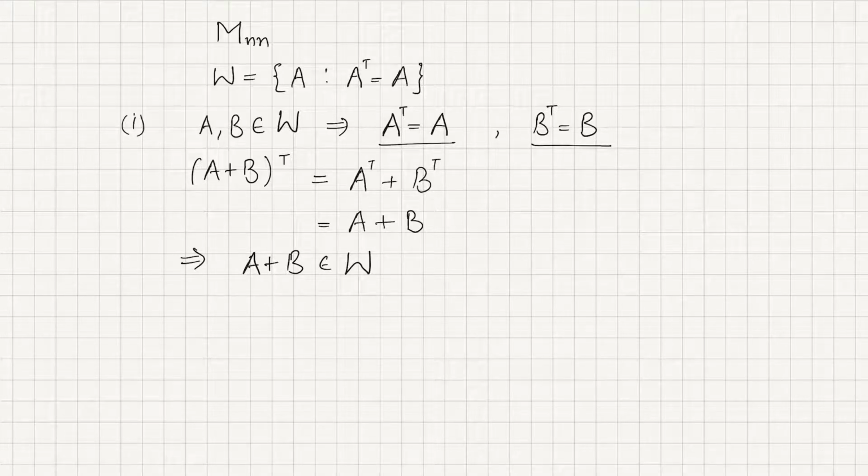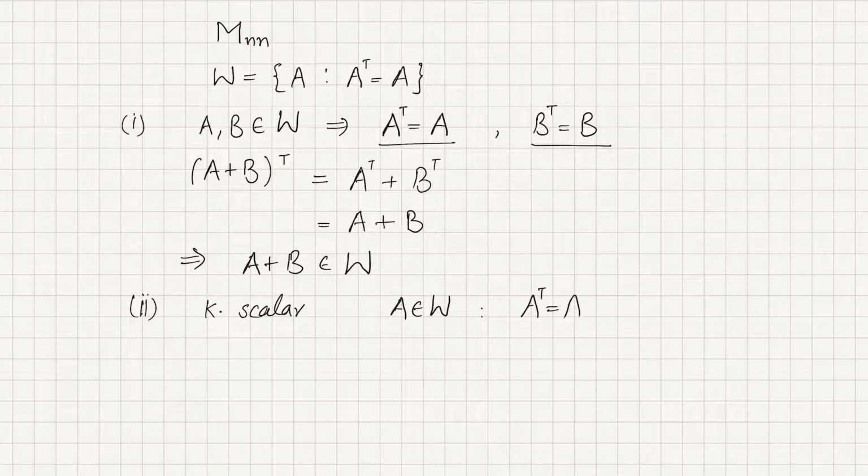Similarly, for the second condition, if you have any scalar k and any element A in W, it means A transpose is A. Now if we check kA transpose, by the property of transpose it will be k times A transpose, and the value of A transpose is A, so it is kA.